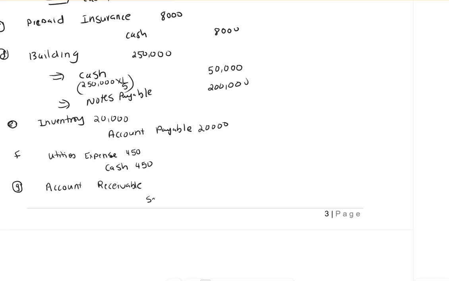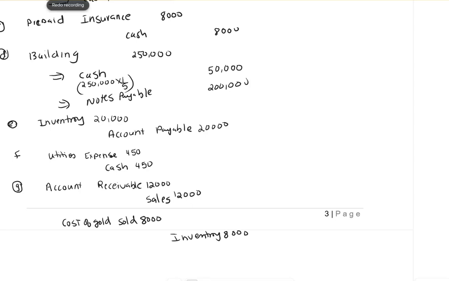It will be my sale, and your sale will be $12,000. And then you have to do an entry for the cost. Our cost of goods sold is $8,000, because it cost us $8,000, and we sold it for $12,000. So that's how we do an entry.